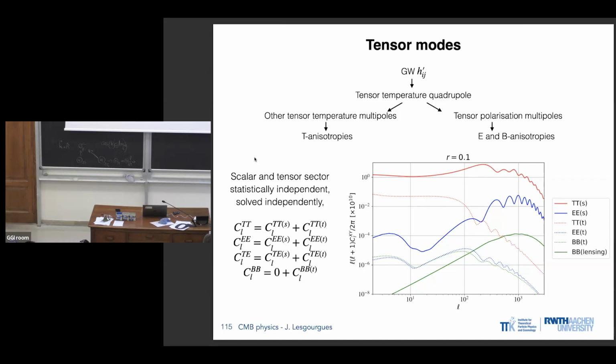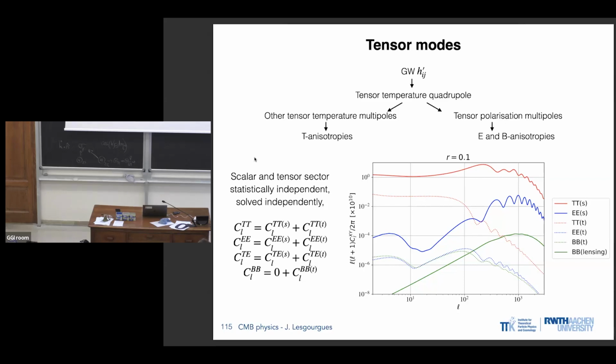But then the hope is to have a very good sensitivity in order to be able to measure signals with this amplitude, which is 6 orders of magnitude smaller than temperature. Because if you have a sensitivity corresponding to this level, and you decompose your map in E and B mode, you think that your B mode can only come from tensor, will not be masked by scalars, and thus you would have a direct handle on measuring the tensor modes. So that's a big hope. It could work. It still may work.